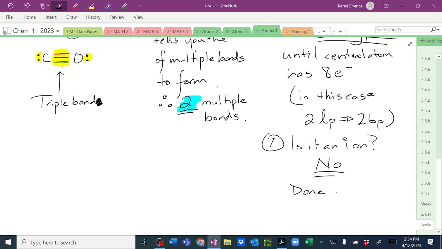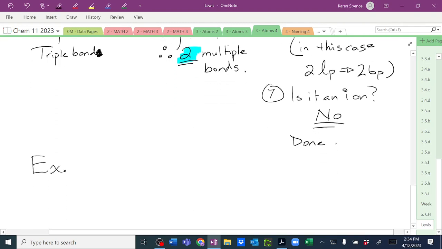We're going to do one more example, and then I'm going to let you practice a bit. HCO2 minus. Now this time I'm actually going to show you a different way of counting the valence electrons rather than right underneath, because some people tend to get a little confused.